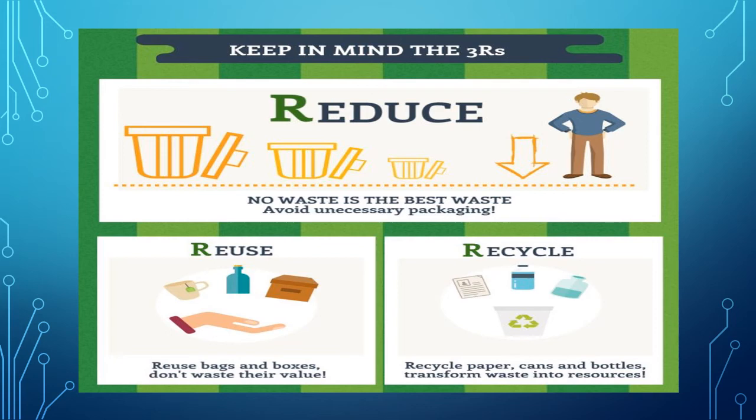For example, plastic bottles can be recycled, and further ropes can be made from the plastic bottles and used for other purposes. So reduce, reuse and recycle should be the three basic concepts to conserve resources.